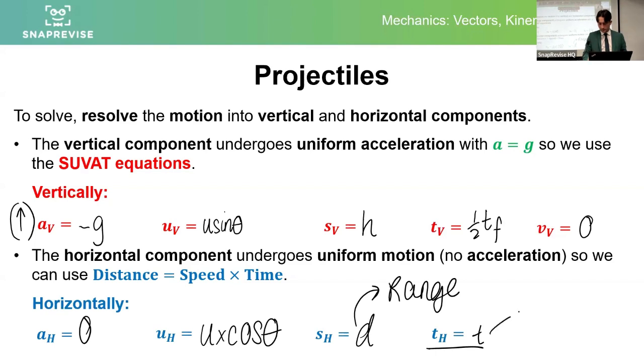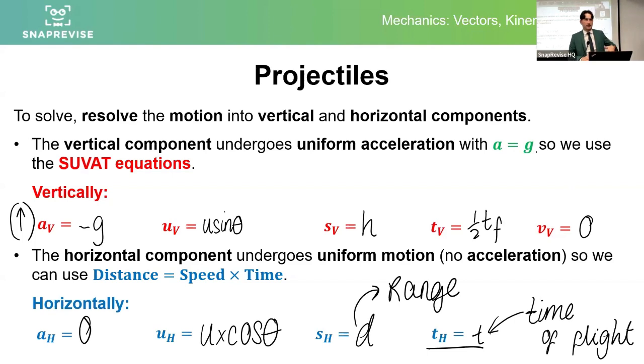And then this would be the time of flight till it lands back on the ground. We can use that combination to work out how high the projectile goes, how far the range is, the time of flight, and so on. But remember, we're dealing with suvat in the vertical, speed, distance, time in the horizontal.